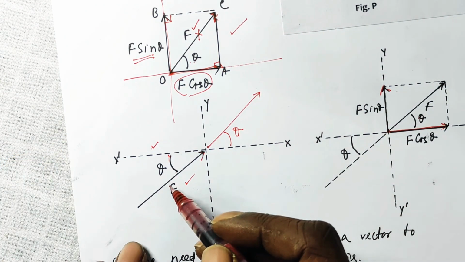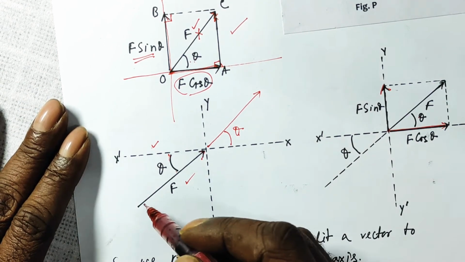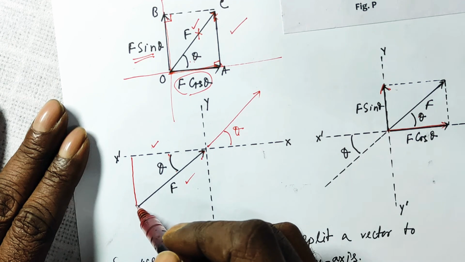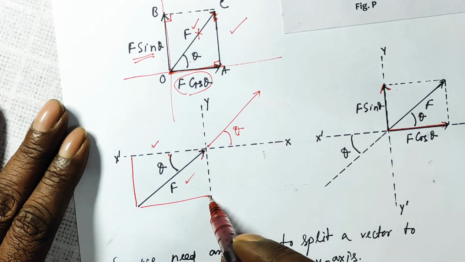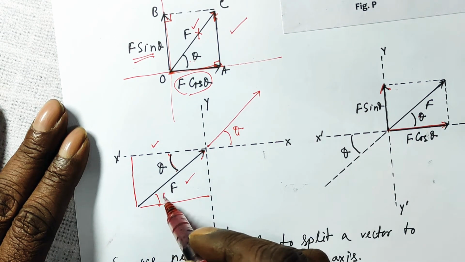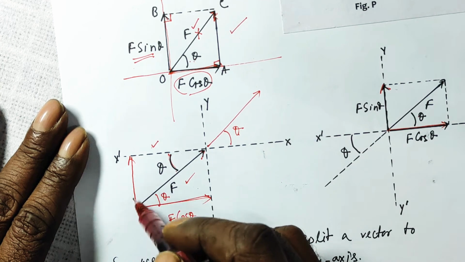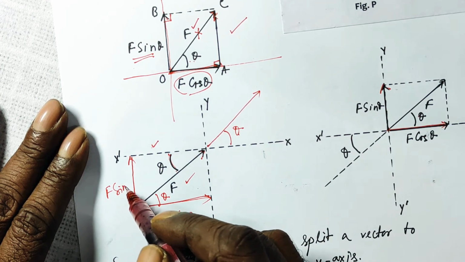Here you can do the same thing, but you have to be very careful. Since this is your F, and this angle is theta, then this angle is also theta. So this is your F cos theta, and this is your F sin theta.